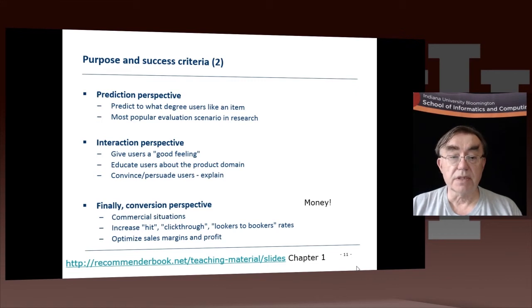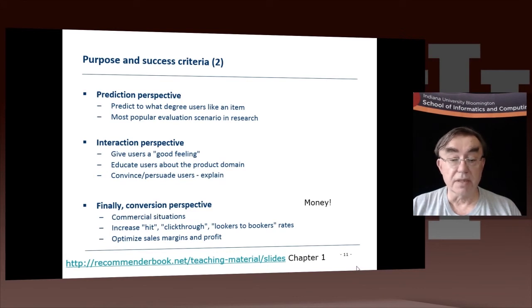So the simplest way to formulate the optimization problem is to predict how much a user will like an item. That's a very common way of setting up the problem. More intuitively, we have to give the user a good feeling or educate them about this long tail and what to look for, and then maybe persuade or convince the user that we've got a good idea for them.